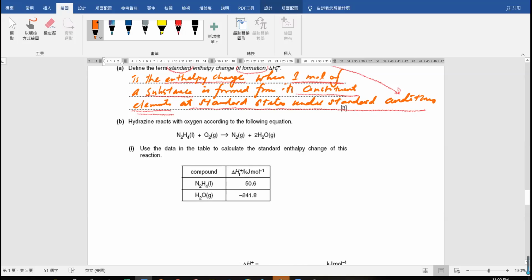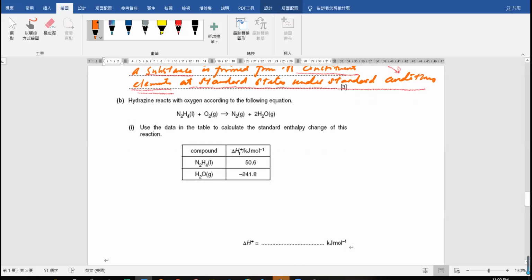Use the data in the table to calculate the standard enthalpy change of this reaction. So then we will use this equation directly. That is the formation of products minus the formation of reactants, okay?